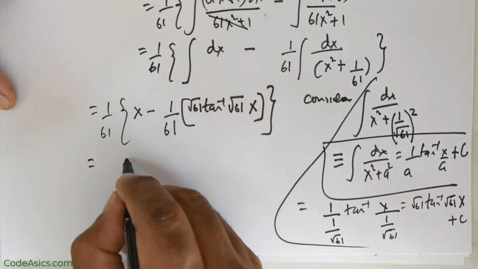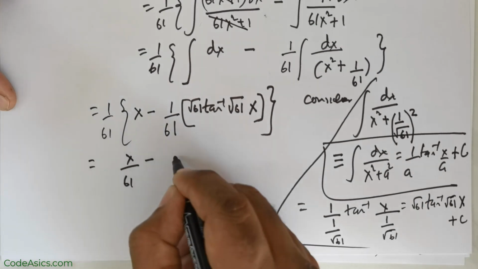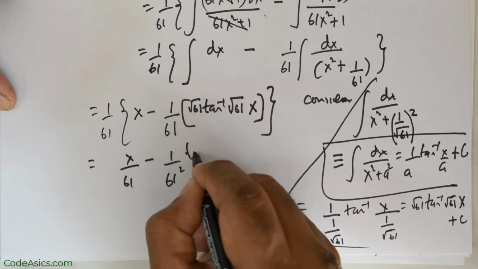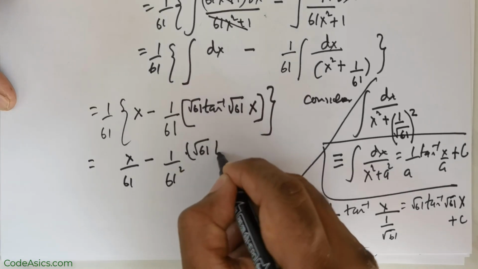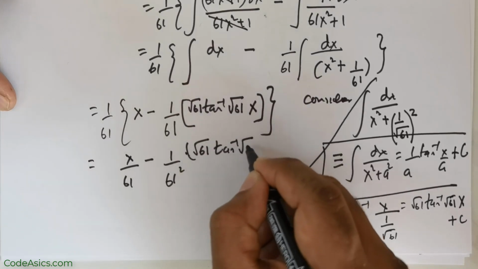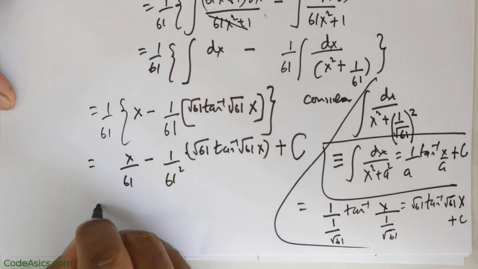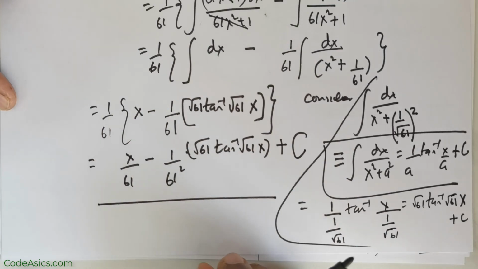You can rewrite this as x over 61 minus 1 over 61 squared times root of 61 times tan inverse of root of 61 times x plus arbitrary constant. So this is a beautiful question.